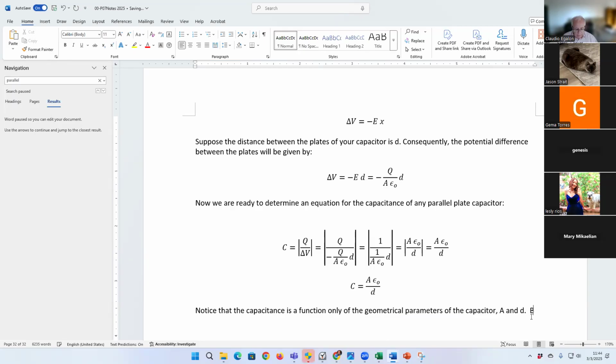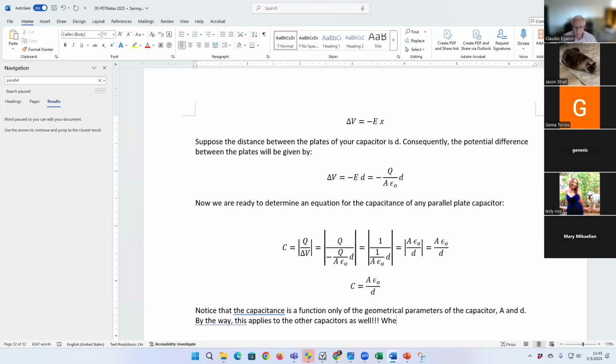And by the way, this applies to the other capacitors as well. Okay?